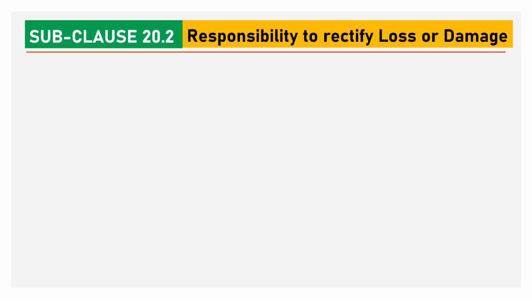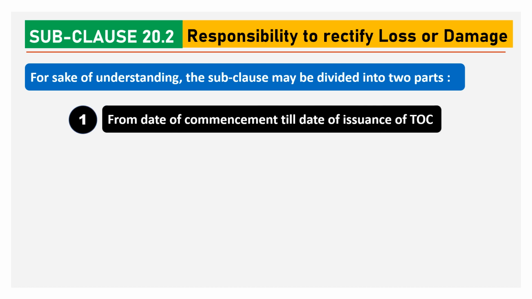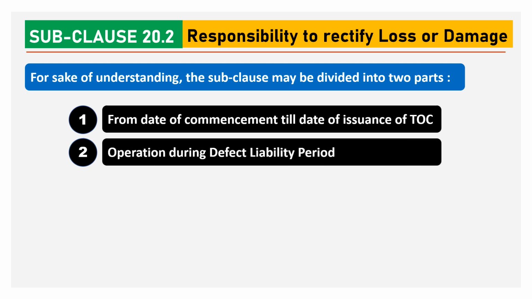Now we will discuss subclause 20.2 responsibility to rectify loss or damage. For the sake of understanding, this clause may be subdivided into two parts. First one is from the date of commencement till the date of issuance of the TOC. Second is operation during the defect liability period.